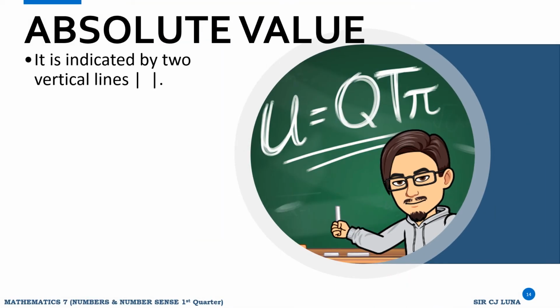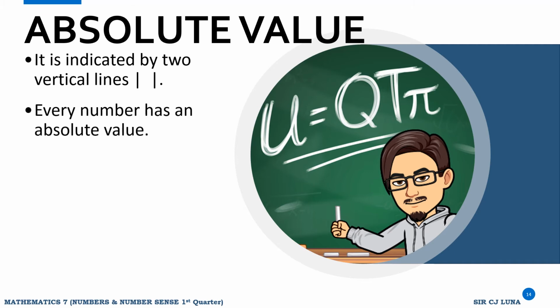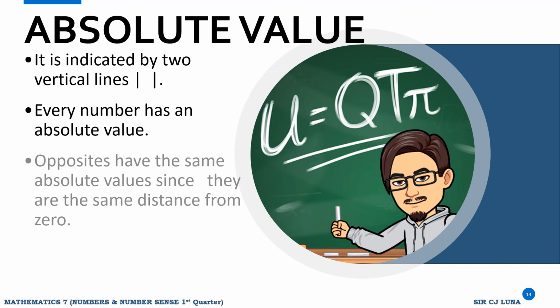Absolute value is indicated by two vertical lines. So, ito yung ating symbol para sa absolute value. Dalawang vertical lines. Sa gitna nun, yun ang ating mga integers. Every number has an absolute value. Opposites have the same absolute values since they are the same distance from 0.